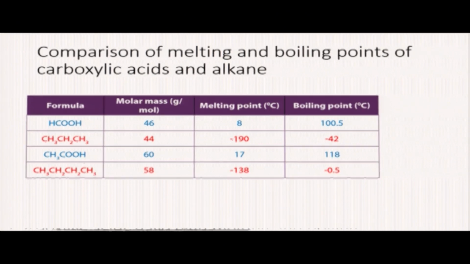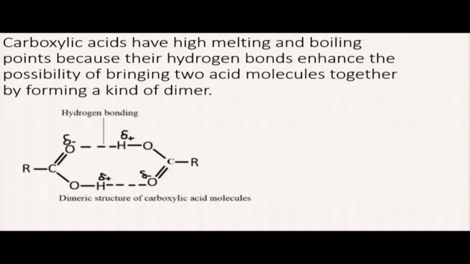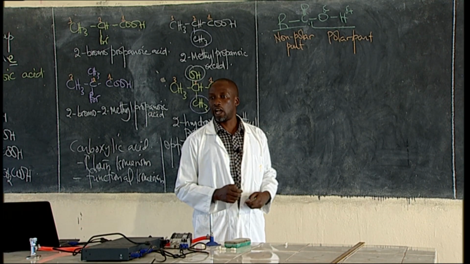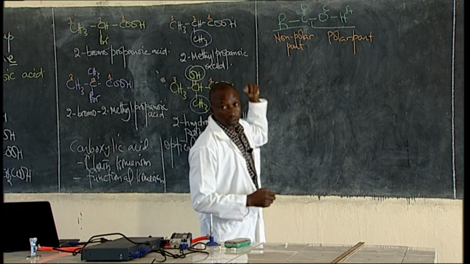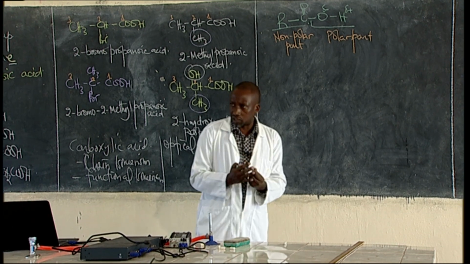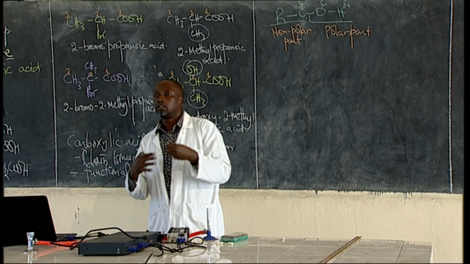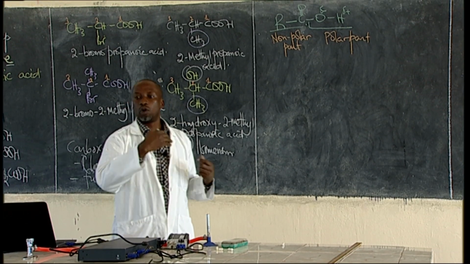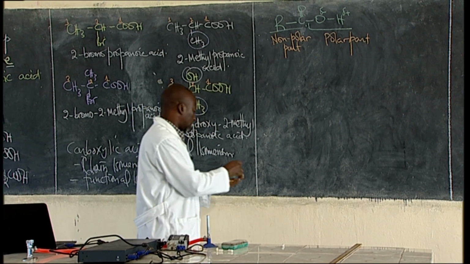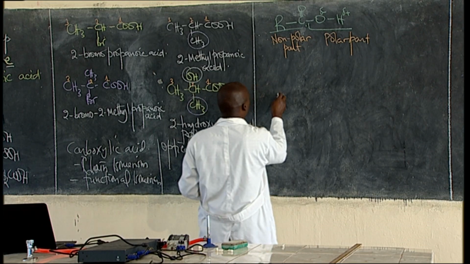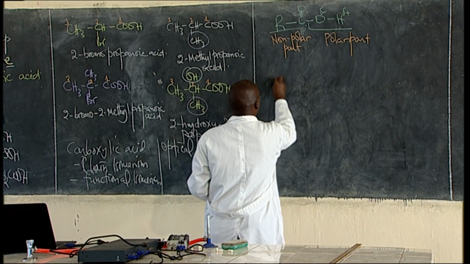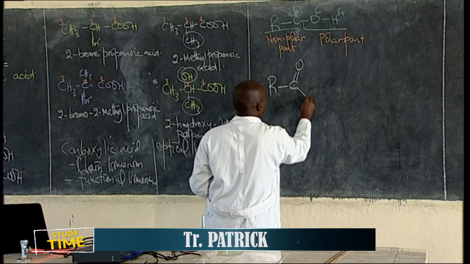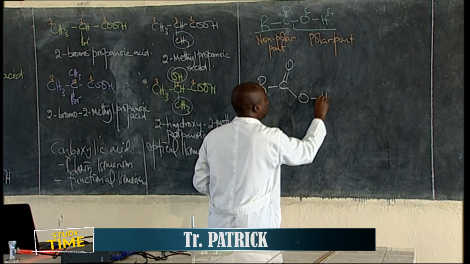It is because of the hydrogen bonds that are formed between the carboxylic acid molecules themselves, which makes those hydrogen bonds stronger. They associate together to form what we call dimers. This is an example of the dimer that is formed.